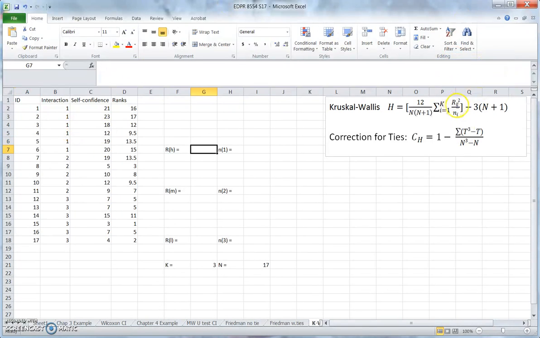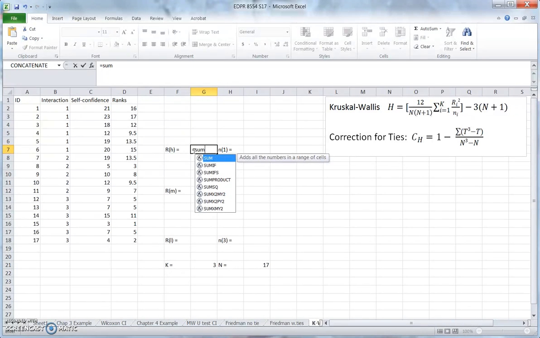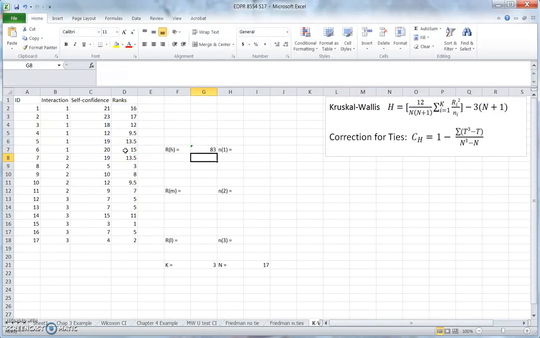To get the Ri's, we just simply add up the ranks within each group. For example, Ri, when i equals 1, so that's for the first group, Ri would equal the total of all the 6 ranks in this group. I have RH here because that's how the textbook labeled this group.